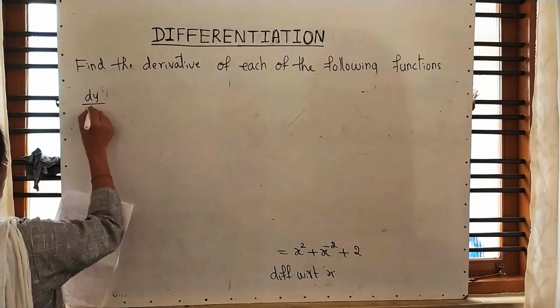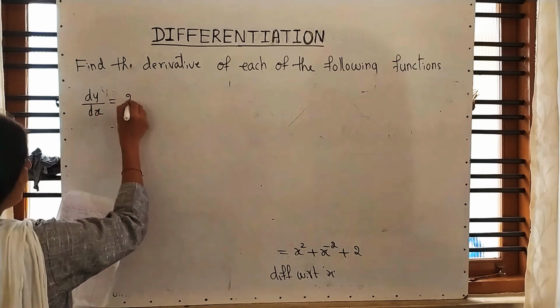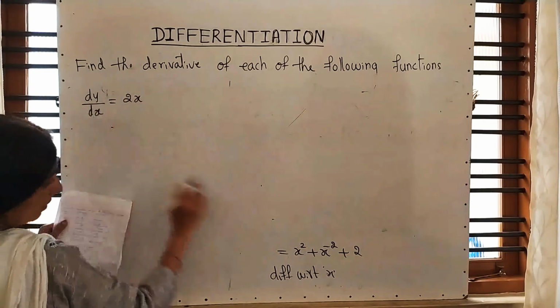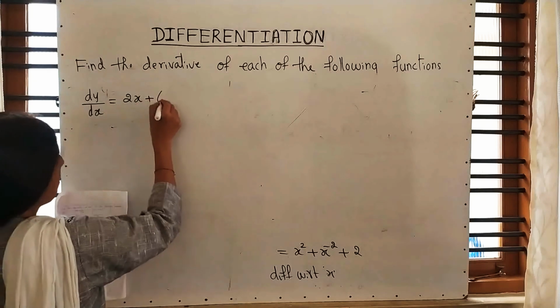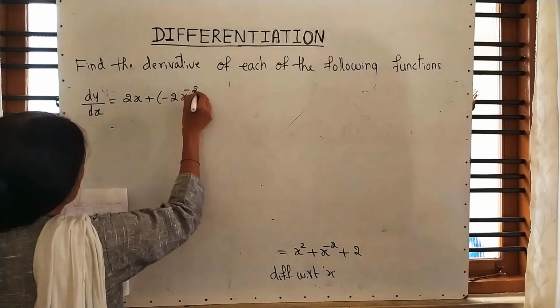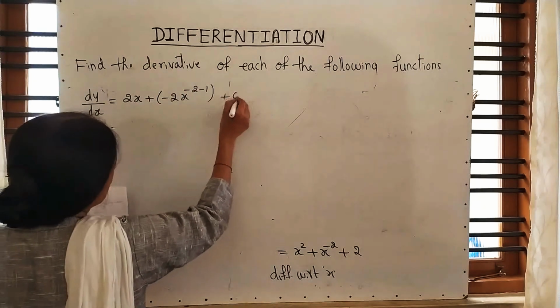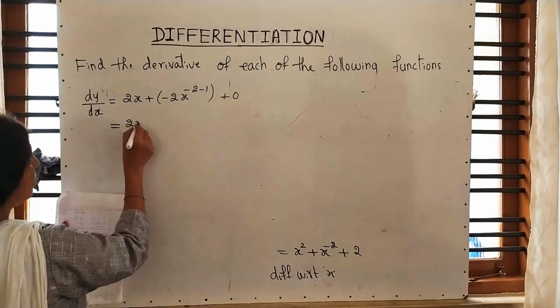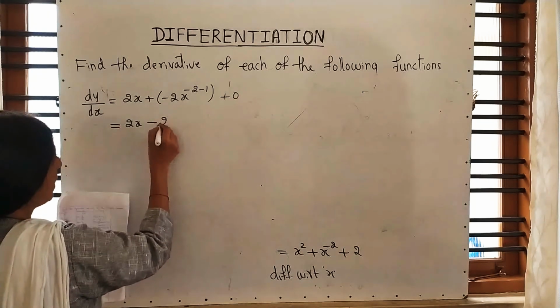Dy upon dx is equal to differentiation of x square is 2x, middle plus, minus 2x to the power minus 2 minus 1, and plus 0. Plus into minus is minus.